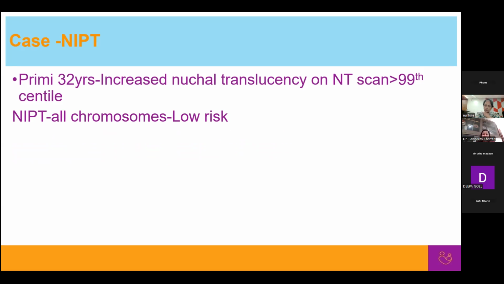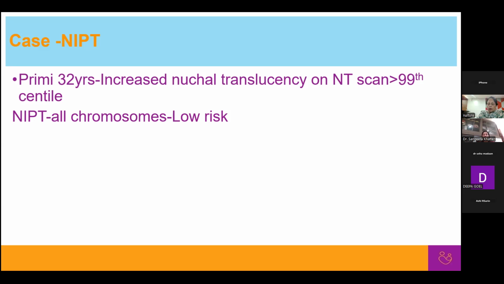That can be done because we just want to know the PAPP-A and beta-hCG levels. The dual test is going to result in high risk only, because NT is already more than one MoM in this case. We can skip that, ma'am, if we have decided for amniocentesis or CVS.